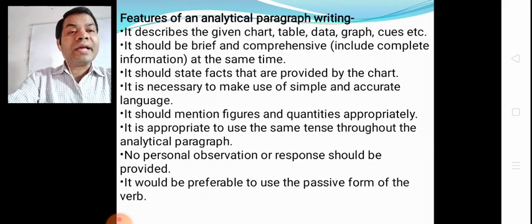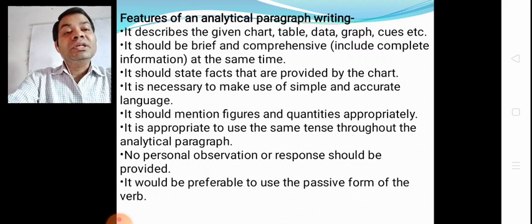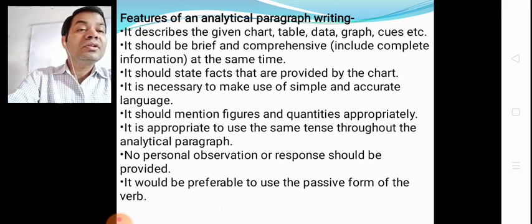Features of analytical paragraph writing. What are the features? It describes the given chart, table, data, graph, cues, etc. It should be brief and comprehensive.